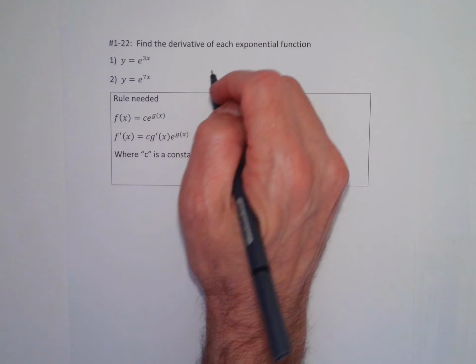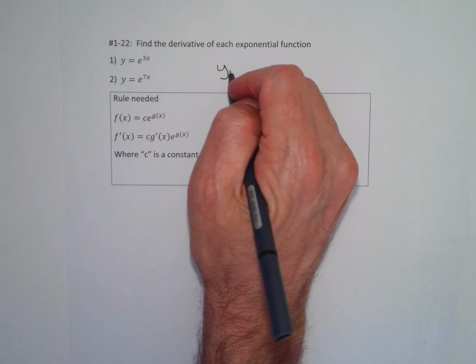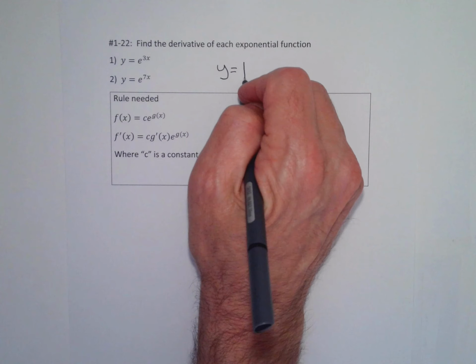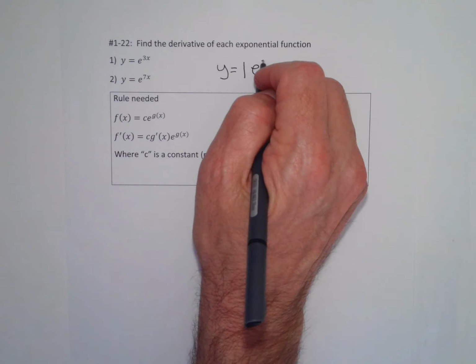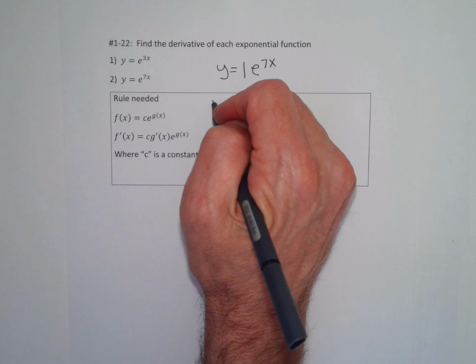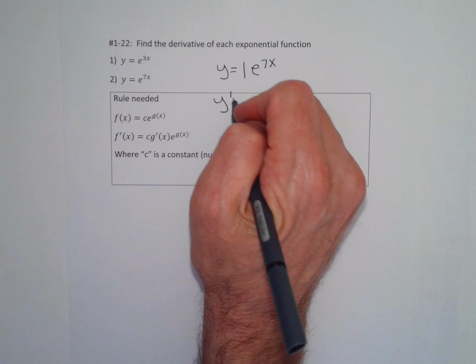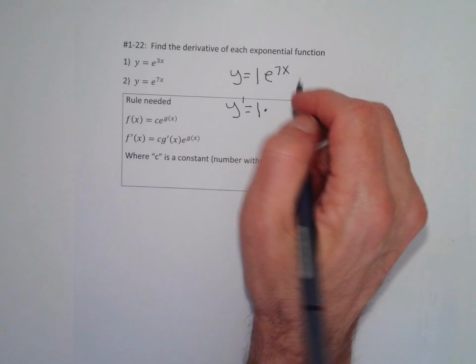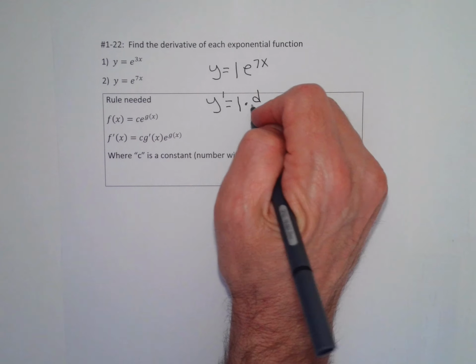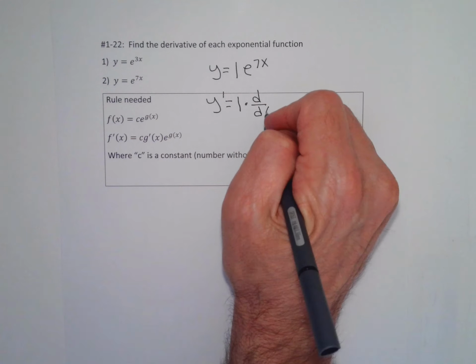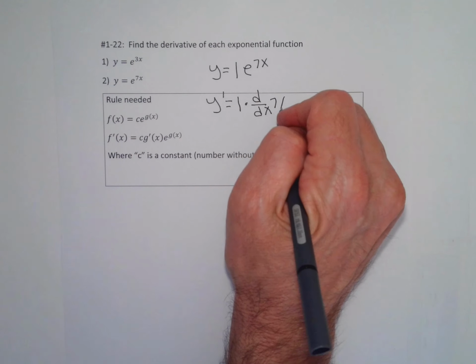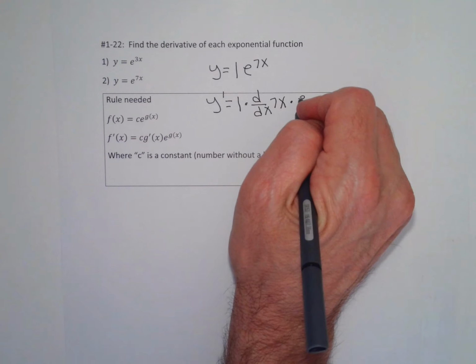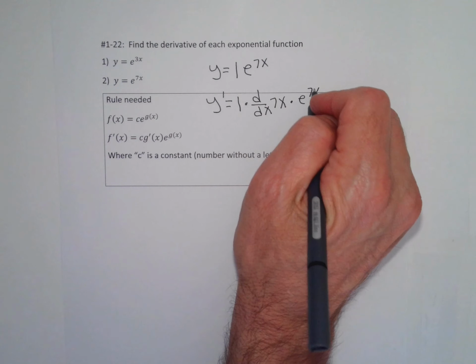It's a simple e. If I want to think of the coefficient, it's really 1 times e to the 7x. And to do the derivative of an e that has a coefficient that doesn't have a letter, it's the coefficient times the derivative of the exponent, and then times the e function with the same exponent.